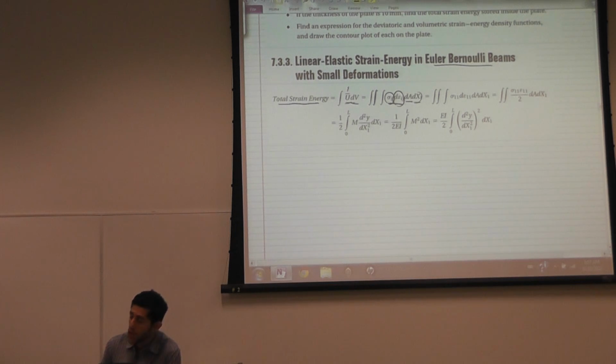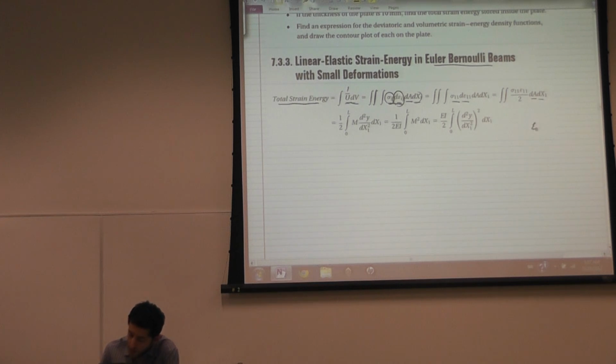Sigma ij d epsilon ij, this is linear elastic, and the only non-zero stress component in the Euler-Bernoulli beam, the only non-zero strain component, was epsilon 1. So I have sigma 1 d epsilon 1. It's linear elastic, so sigma 1 epsilon 1 over 2, integrated over the area and integrated over x.